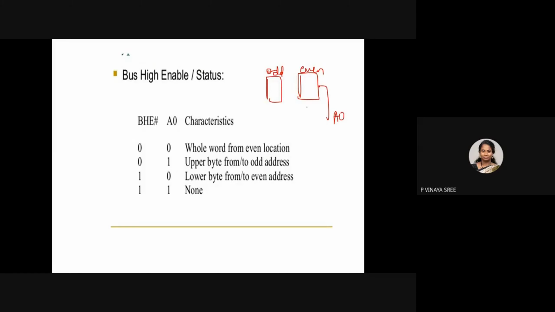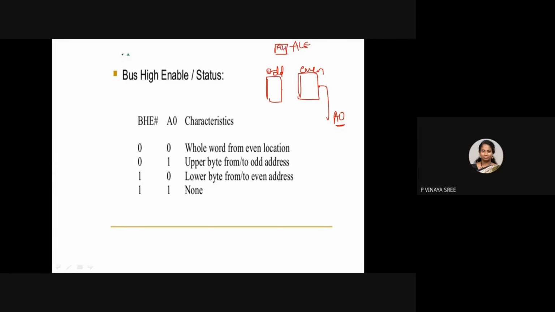If you keep this the same, when I want to access AL, which is lower order, you will have lower order here and higher order here in the odd bank. When you keep the same common chip selection and want to access the lower order, we don't want to access higher order AH.